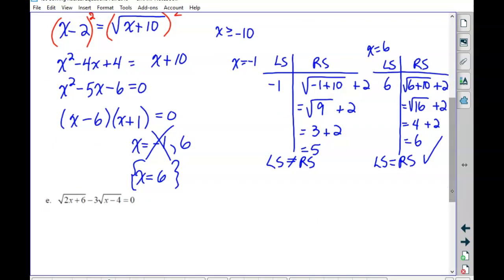So looking at the domain didn't find the extraneous solution for us. The reason being, if there isn't another term with x in it, then you can just look at this. But if there are terms of degree 1 or higher outside the radical, then you do have to verify.